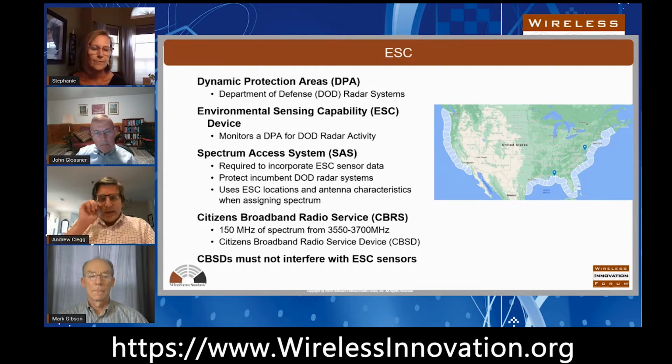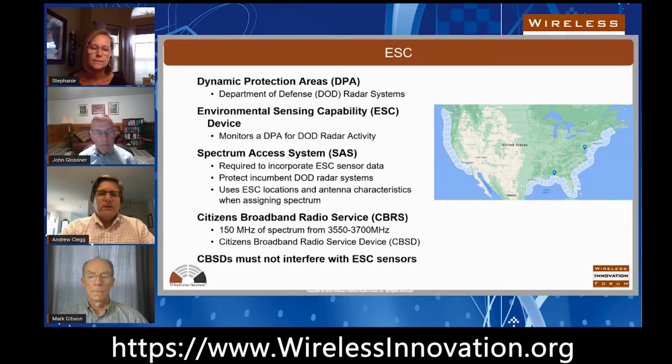And the way we do that is we've set up a sensor network around the coast of the United States, pointing out into the ocean, listening for their radar. And when we hear it and detect it, we let the Spectrum Access System know, and the Spectrum Access System reconfigures CBRS devices in the area so that we don't cause interference.